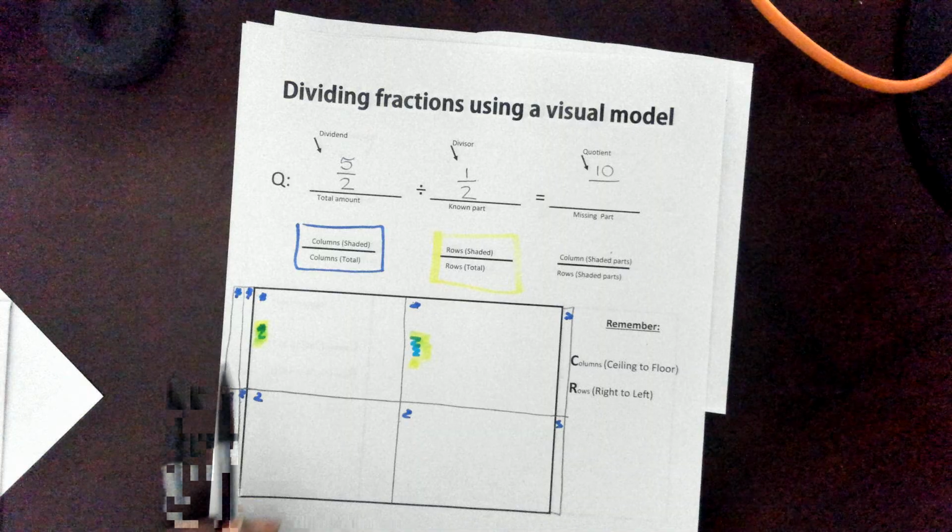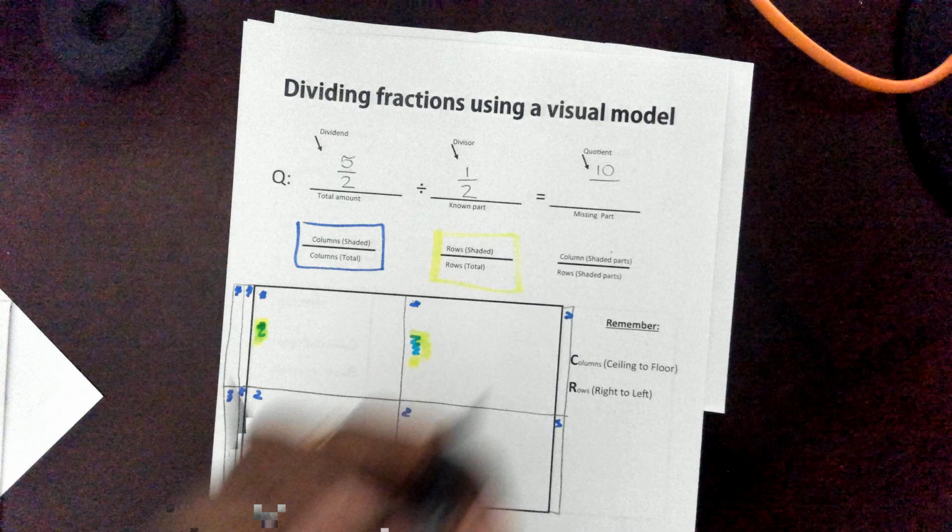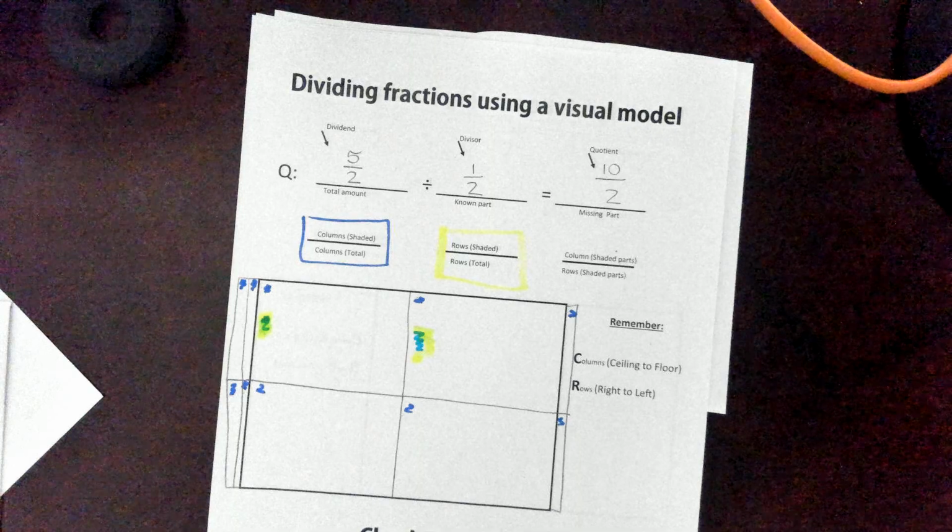And then our rows, we have 1, 2, 2 yellow marks. And so we notice that we have 10 over 2, but we can reduce that because both of them are divisible by 2, which would mean 10 divided by 2 is 5, and 2 divided by 2 is 1. So we have a total of 5 over 1, or 5.